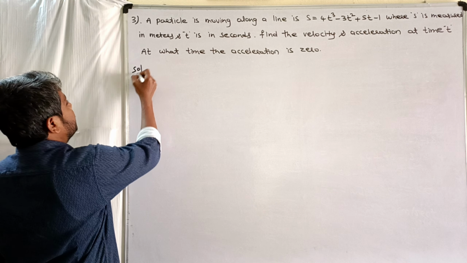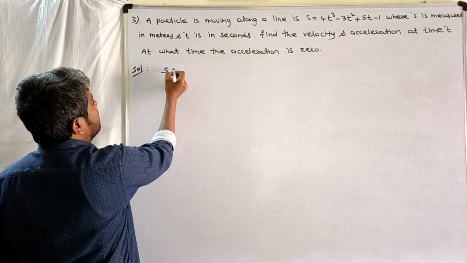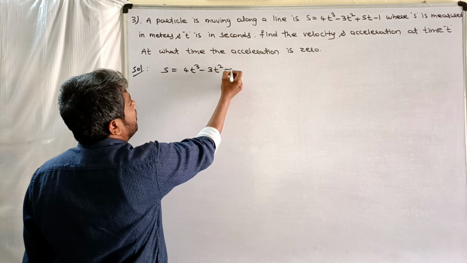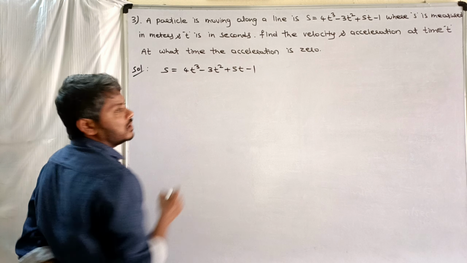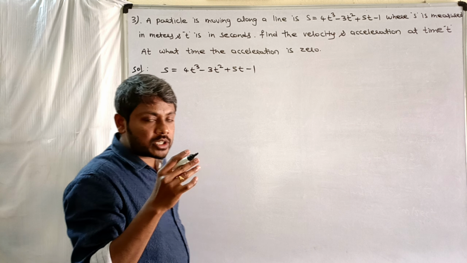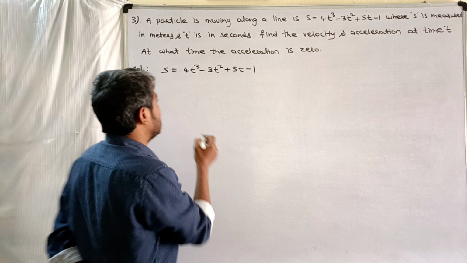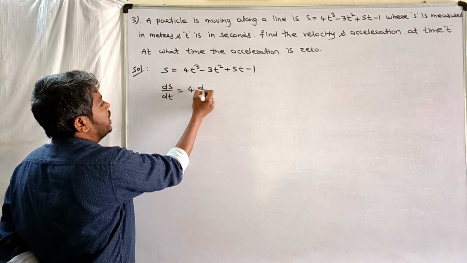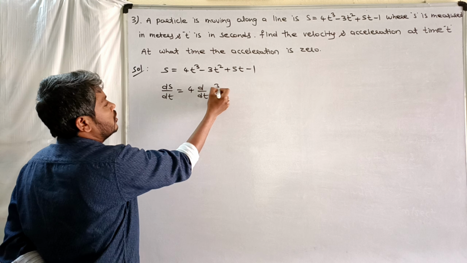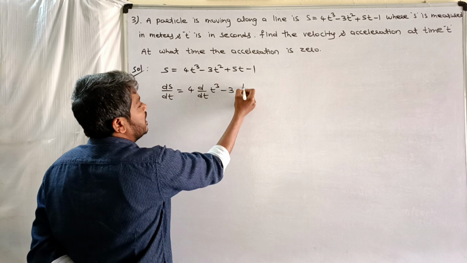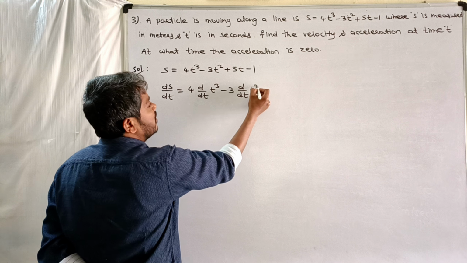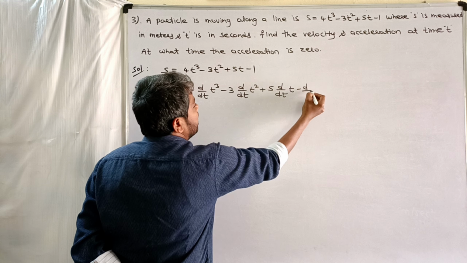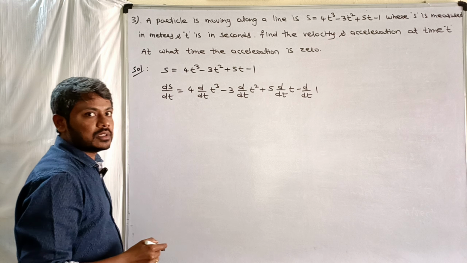See the solution. The given function is s equals 4t cube minus 3t square plus 5t minus 1. First, differentiate with respect to t, you will get velocity. That is ds by dt equals 4 into d by dt of t cube, minus 3 into d by dt of t square, plus 5 into d by dt of t, minus d by dt of 1.